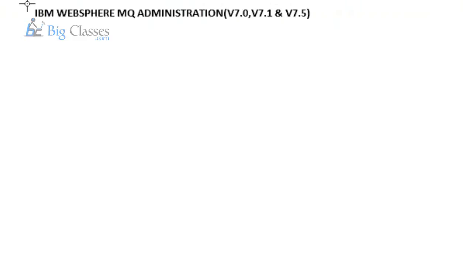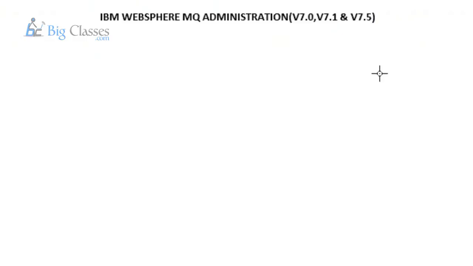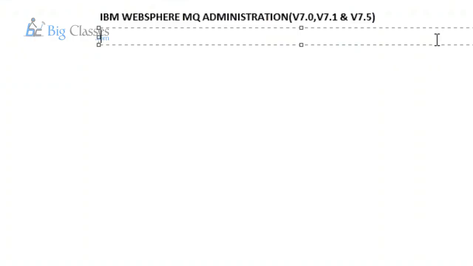IBM WebSphere MQ is built on Java. It is platform independent. It supports 80+ platforms. It is an IBM middleware message transport product. It enables communication between distributed applications over the network.